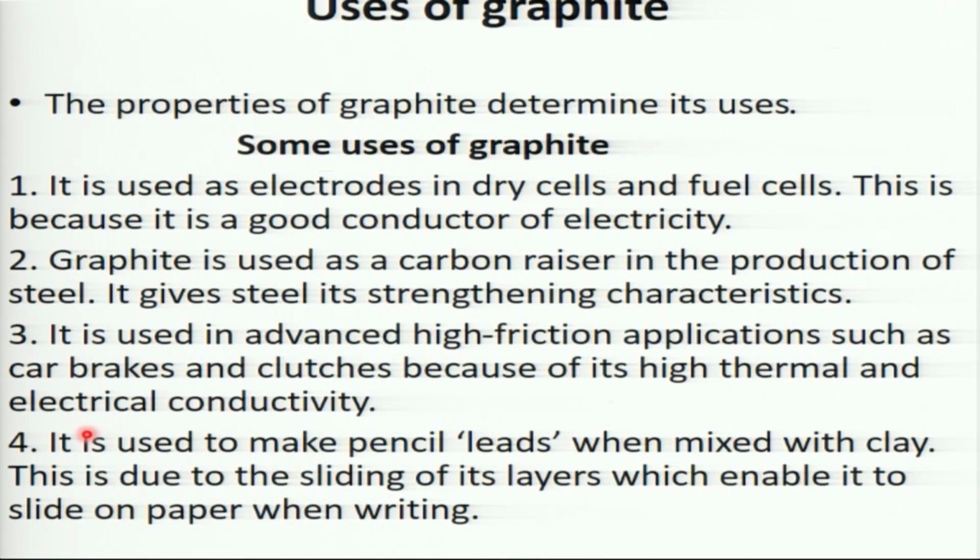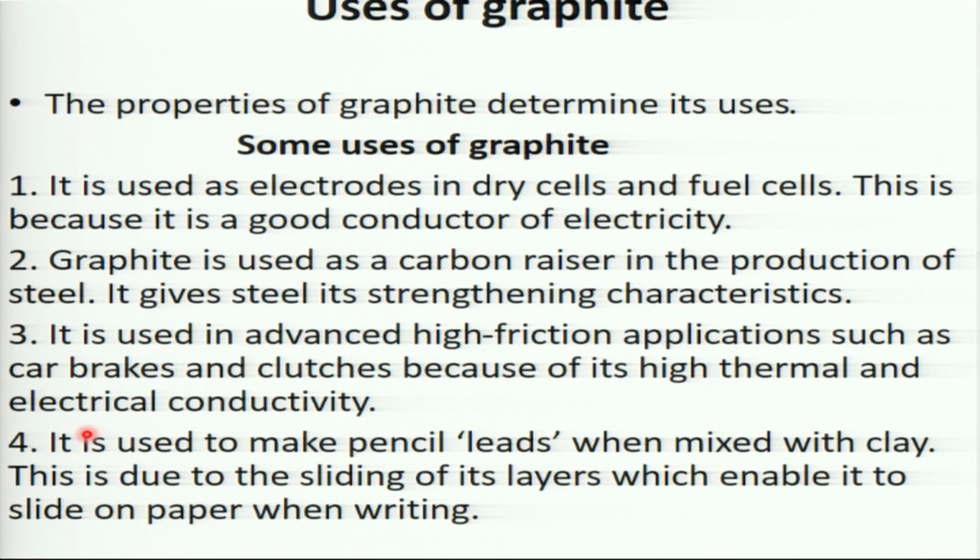Another use is that it is used in advanced high friction applications such as car brakes, clutches, because of its high thermal and electrical conductivity. All right? Another use is it is used to make pencil leads. You know the pencil leads? You know a pencil, this normal pencil that you use for drawing. Everybody check from your pencil and see.